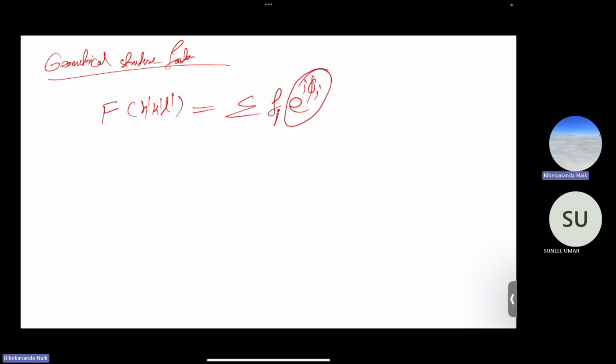There is a formula, exponential 2 pi i, which will have some values.